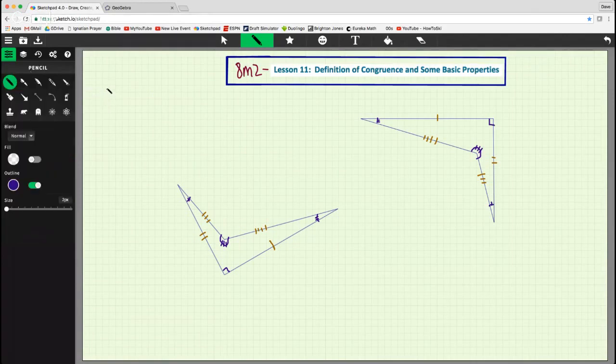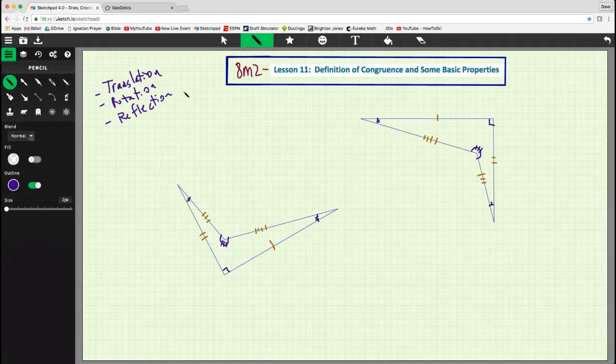Those rigid motions are, again, translation, which is like sliding and leaving the top on the top and the bottom on the bottom. We talked about rotation, which is twisting in place. And then we talked about reflection, which is laying down a mirror or a line and just flip-flopping the object across that mirror.